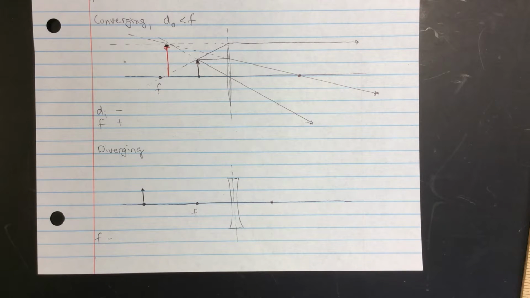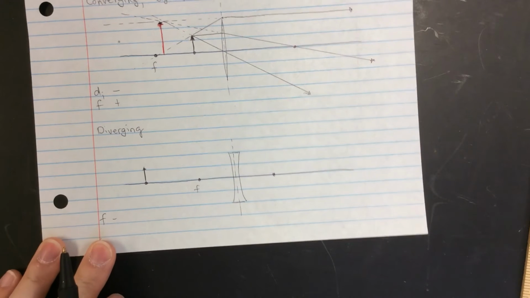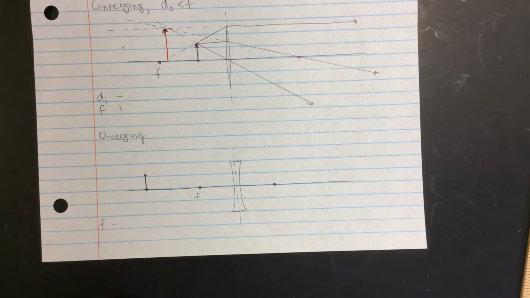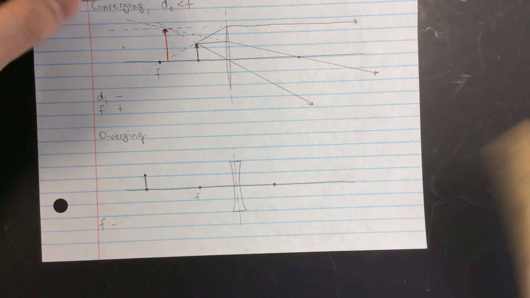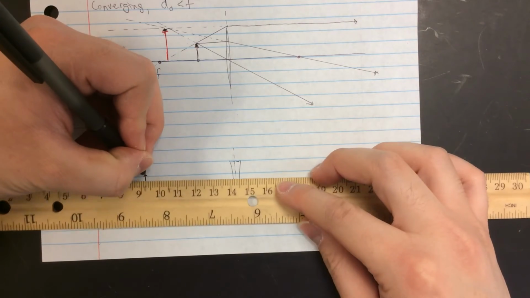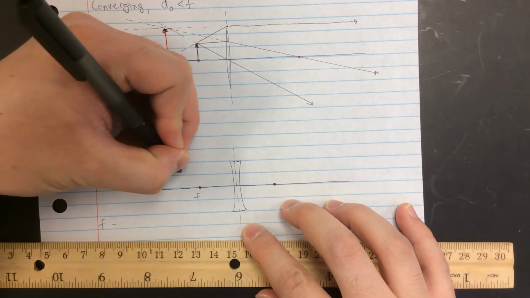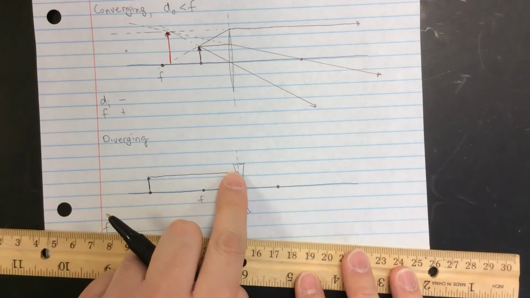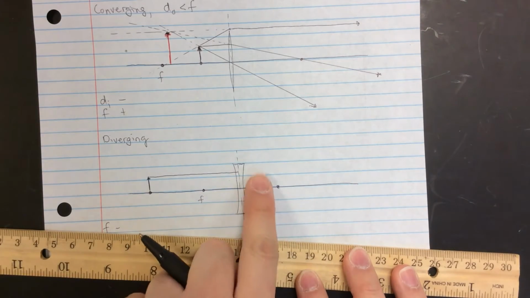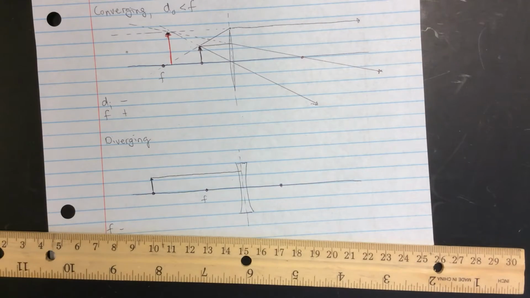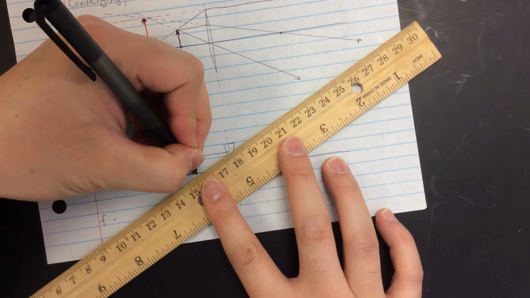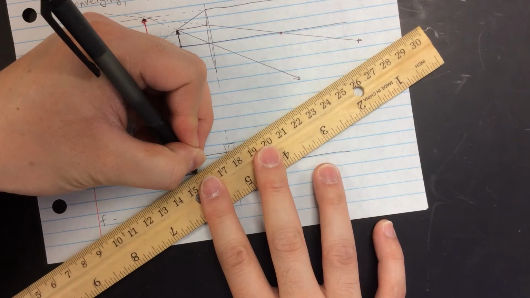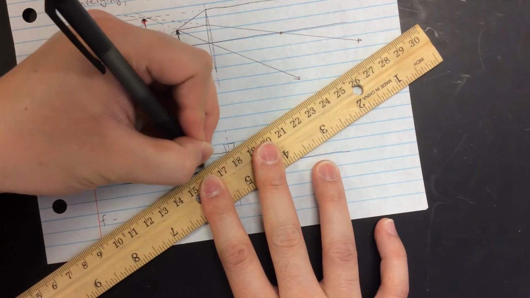So now, instead of bending the light towards the focal point on the right-hand side, our focal point is on the other side. So a parallel ray coming along like this, instead of bending towards the focal point, is going to bend away. It's diverging. It's going to divert this light as if it was coming from this spot.